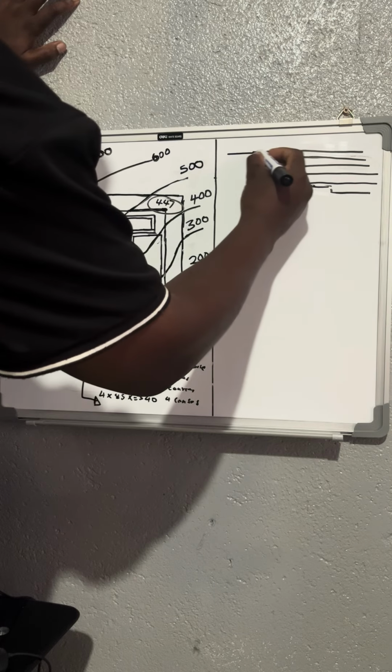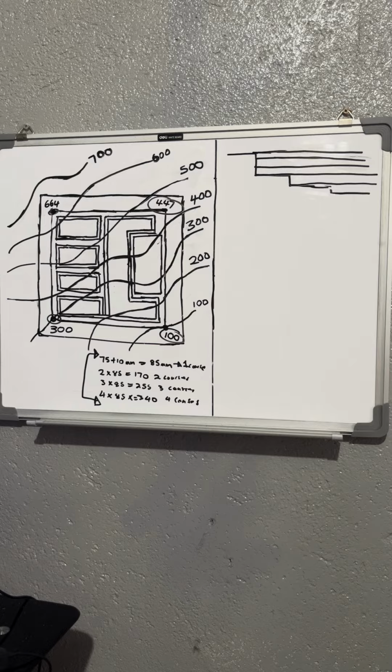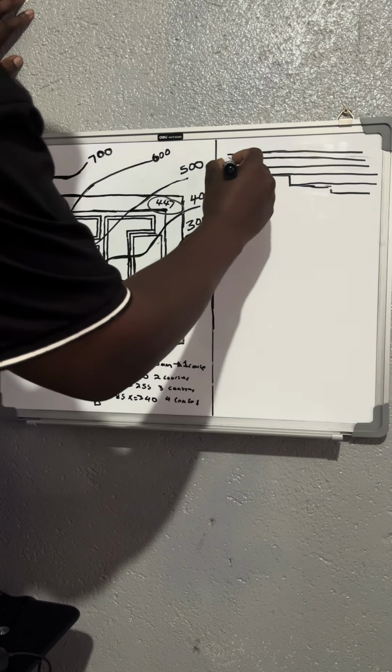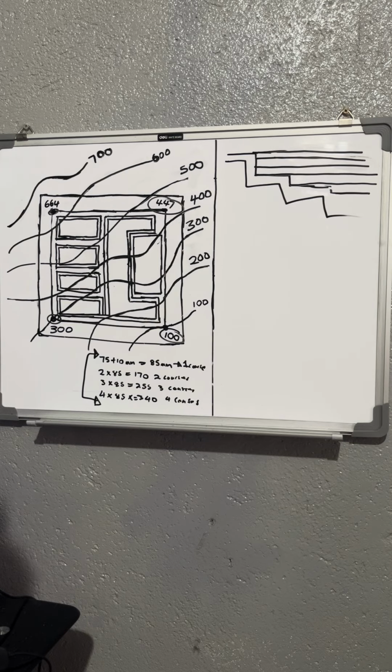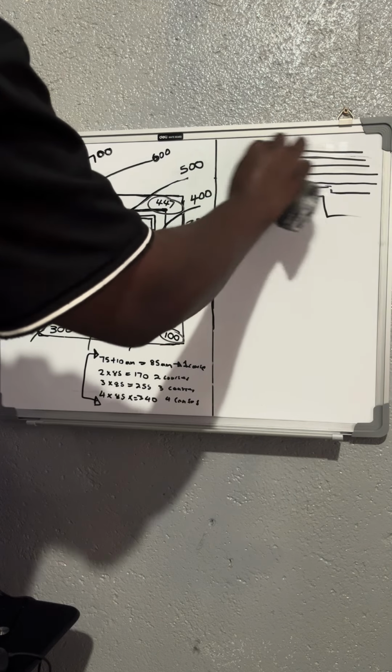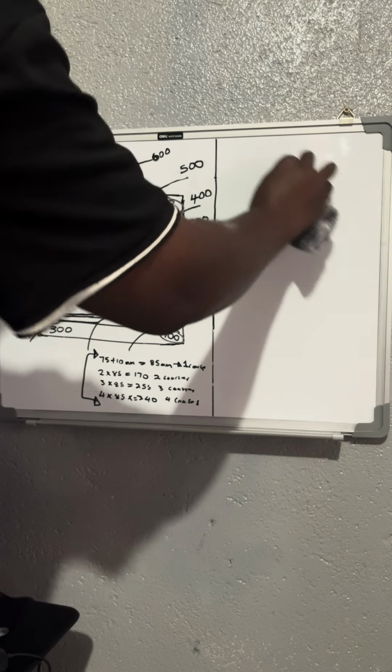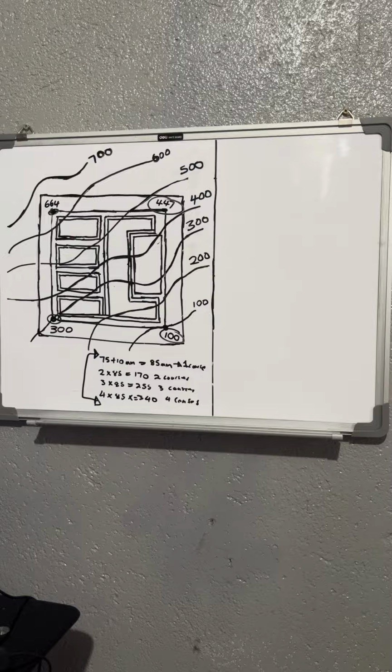So now this entire thing is flush while we still have that stepped foundation. Basically we are working on a foundation with what we already have, without having to cut anything.